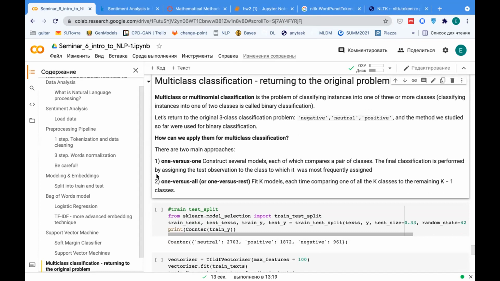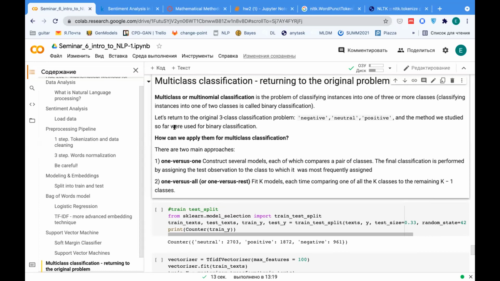For example, if we have 3 classes, we can just compare them one with one. So we separate at first the first class from the second class, then the second from the third, and the third from the first. So we need to do several classifications, so it can be not so fast.